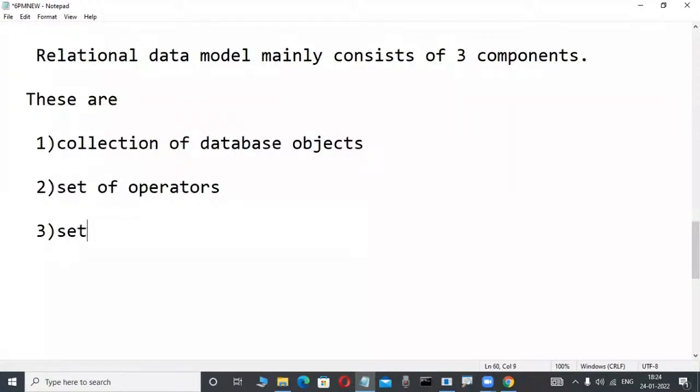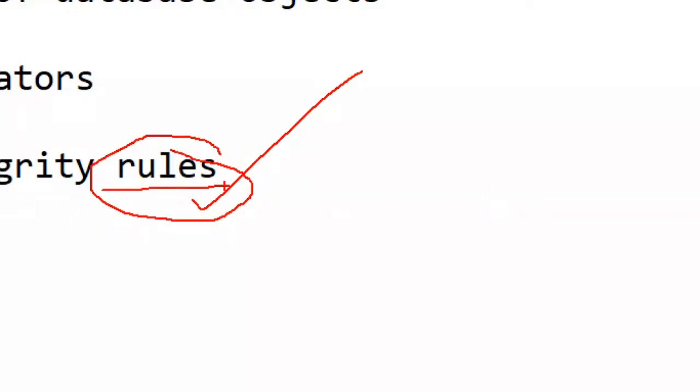Always, relational data model products work based on a set of integrity rules. Very, very important. If you have an idea of these rules, you are not required to attend classes; learning on your own way is enough. That much powerful. So many fellows don't know these rules.